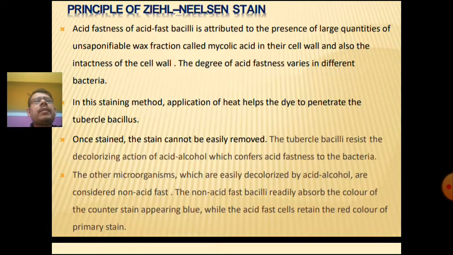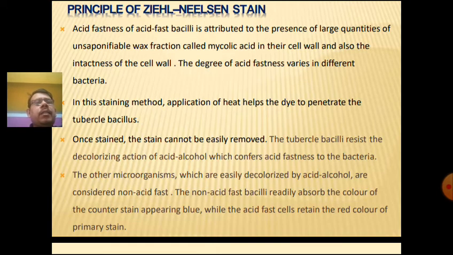The principle of the Ziehl-Neelsen stain with acid-fast bacteria: the procedure is generally the same, but carbol fuchsin is used for staining. This staining method helps drive the penetration into the tubercle bacilli, and once stained it cannot be easily removed.